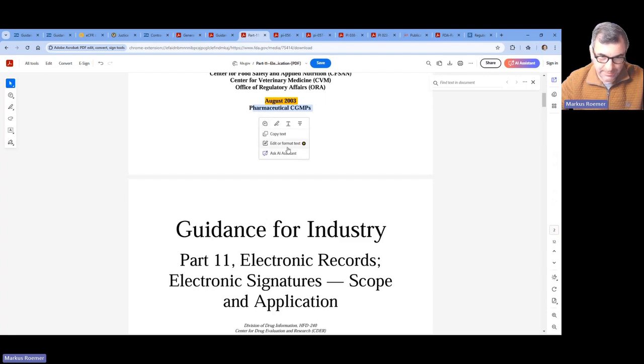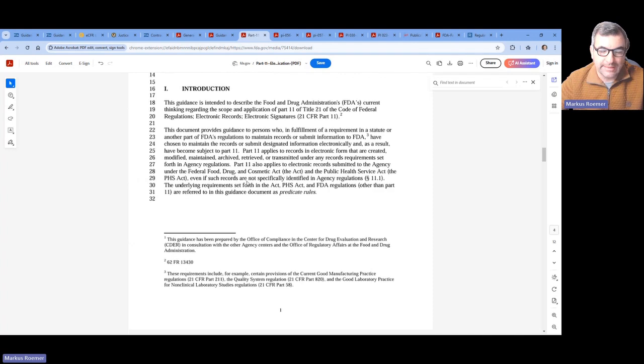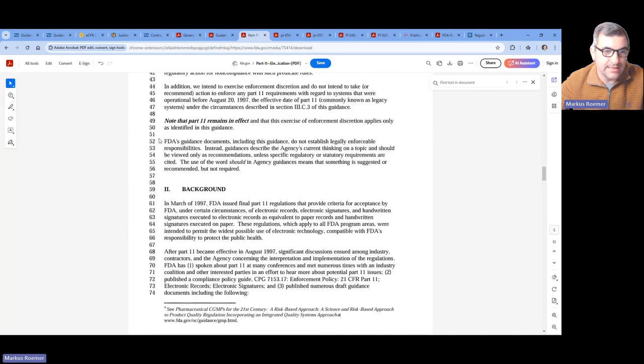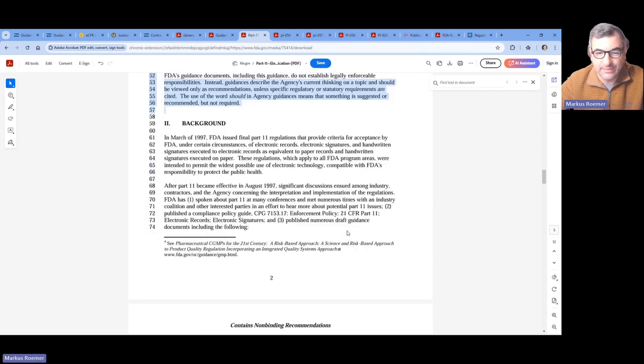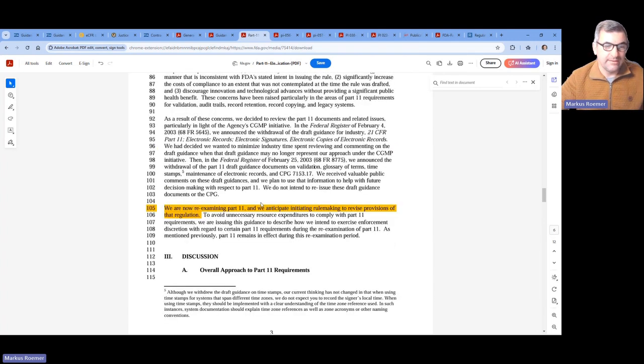Pharmaceutical CGMP. It's very important to read this. Even in the final version, they have forgotten to take out the line numbers that you usually have for commenting, but okay, this happens. I've seen something very similar at the EMA.